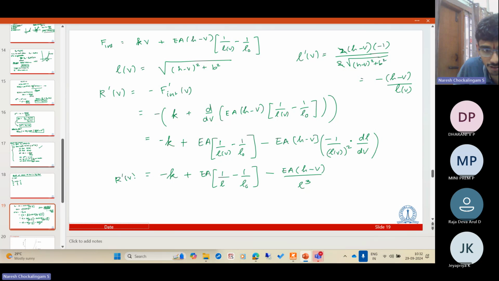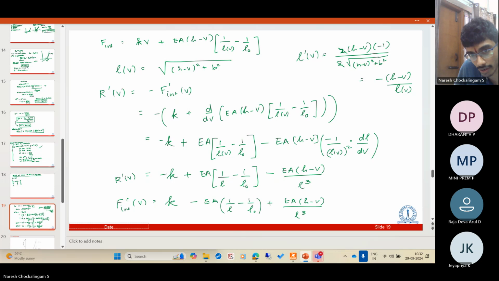So this is R dash of V. And what is F internal of V? It is just negative of it. So it is K minus EA into 1 by L minus 1 by L naught plus EA H minus V by L cube. Okay, so this is fine.